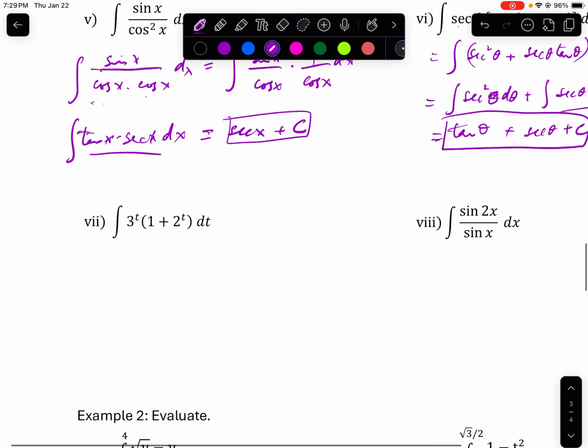Looking at the next example, what do you think? What should we do? Distribute, right? Because we don't know the product.